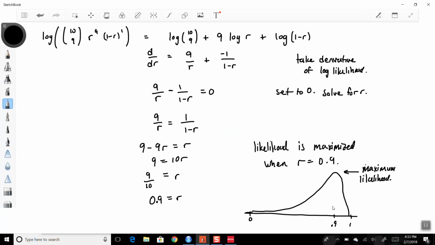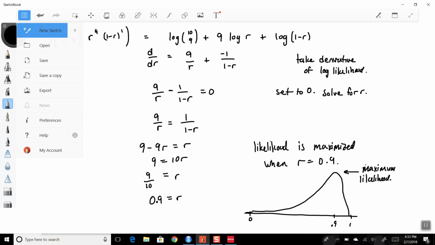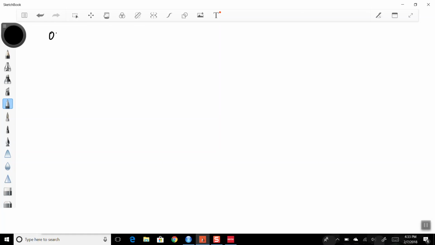Okay, and so based on this data, our estimate of R is 0.9, and then we can go back and answer the question, what is the probability of winning? Okay, so our maximum likelihood estimate is R equals 0.9.